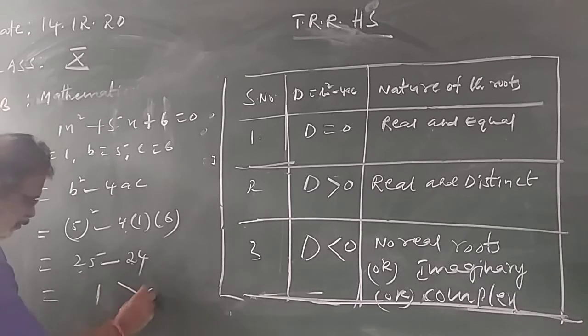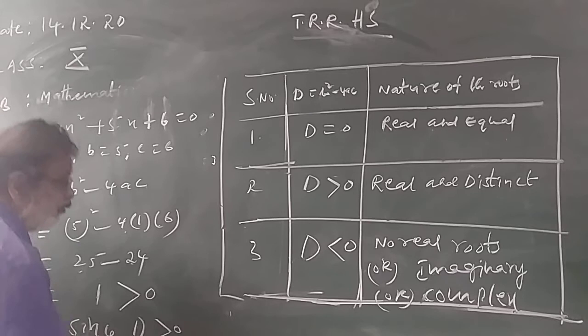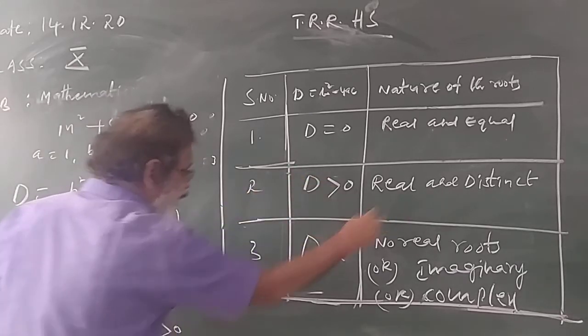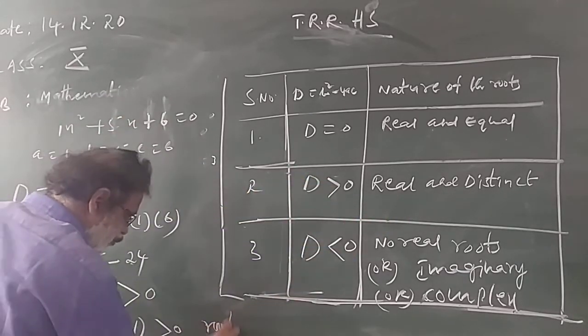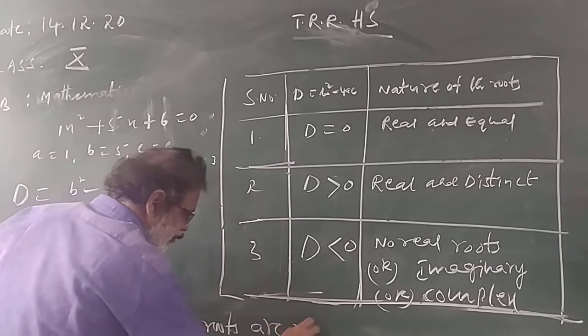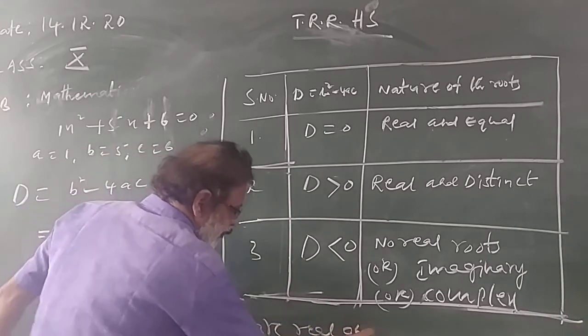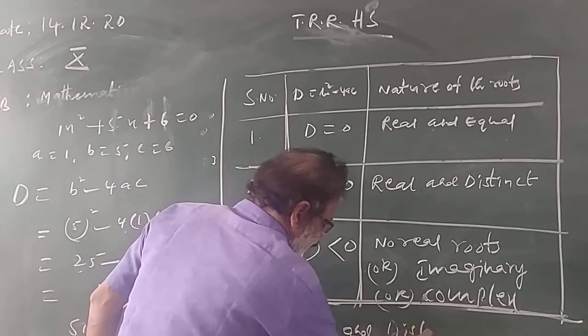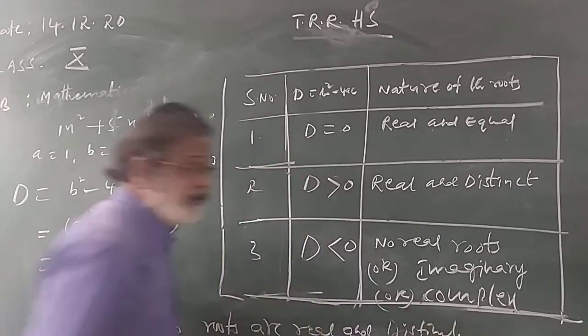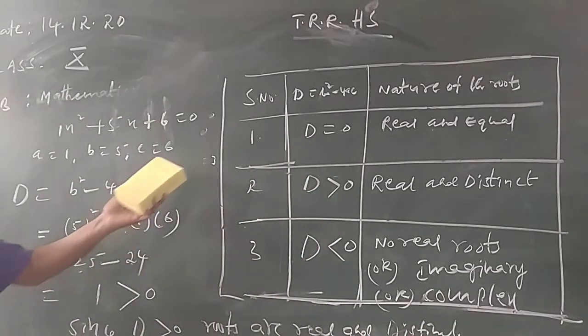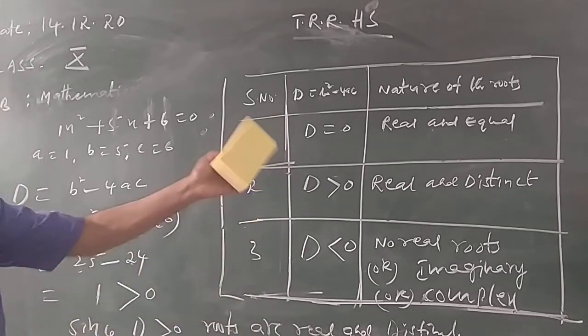Since D is greater than 0, the roots are real and distinct. Like this, if you know the discriminant, you can comment on the nature of the roots.